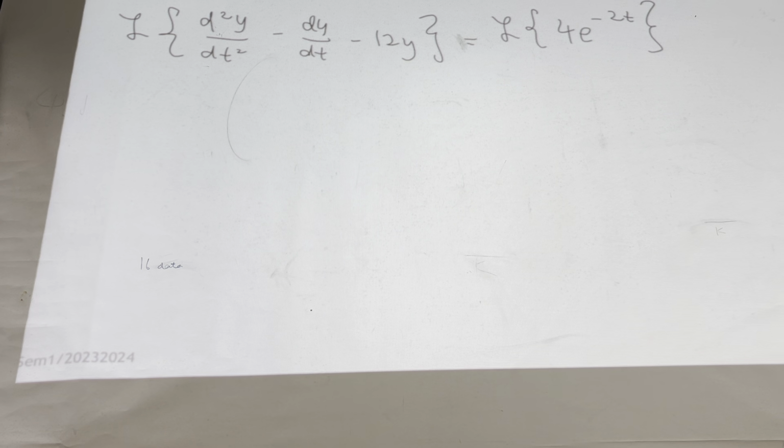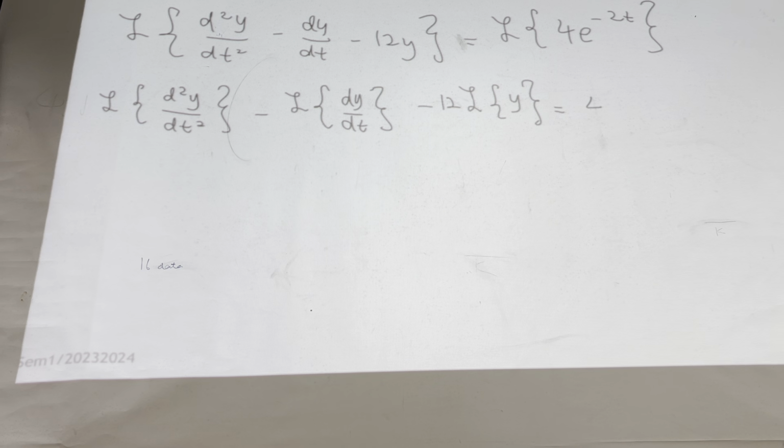Now you can use the linearity property. You can separate one by one. So this is equal to Laplace of d squared y over dt squared minus Laplace of dy over dt minus 12 outside Laplace of y. This is equal to 4 outside Laplace of e to the power of minus 2t.